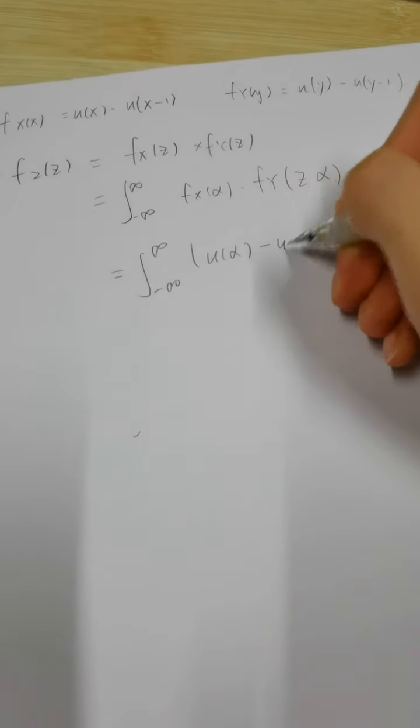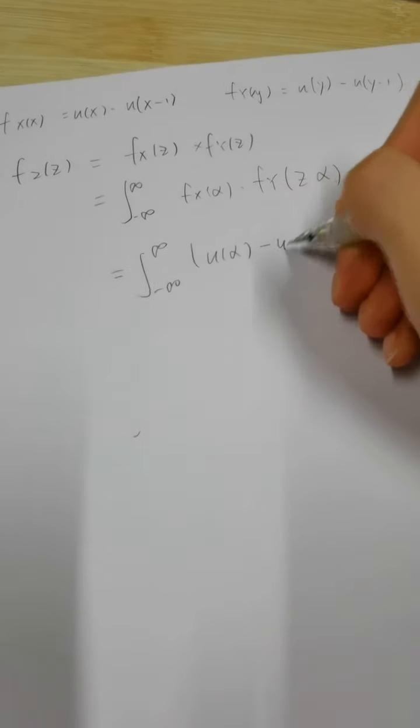Because we change x to theta, it is u(z minus theta) minus u(z minus theta minus 1), times d theta.